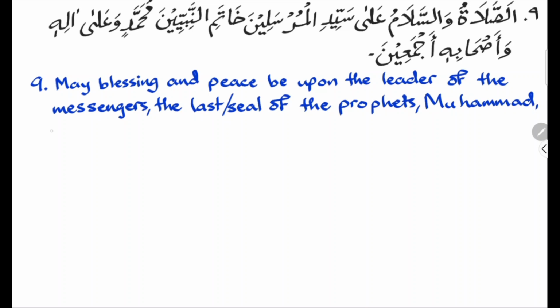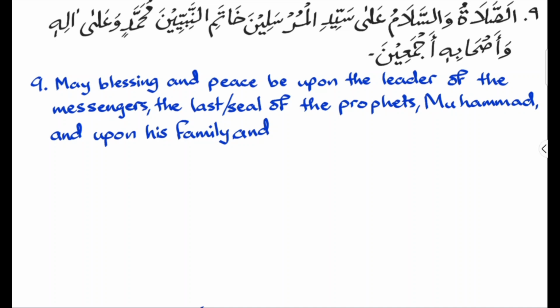وَعَلَى آلِهِ وَأَصْحَابِهِ أَجْمَعِينَ. وَعَلَى, and upon, آلِهِ, that's a mudaf ilayh, and the reason the lam is getting a kasra is because it's coming after a harful jar, which is ala. And upon his family, al means family. It says وَأَصْحَابِهِ أَجْمَعِينَ.